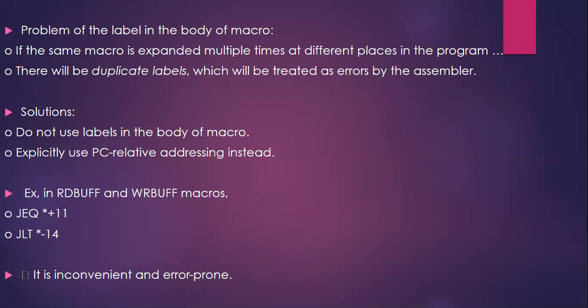As we know, if we call a macro multiple times, we expand the macro program each time. Then even one label will be expanded multiple times. When it is assembled, it will be treated as a duplicate, because one label will have one location address, and the next time it is expanded, the same label will have another address.